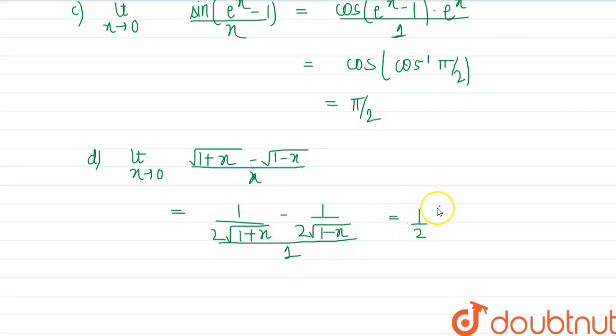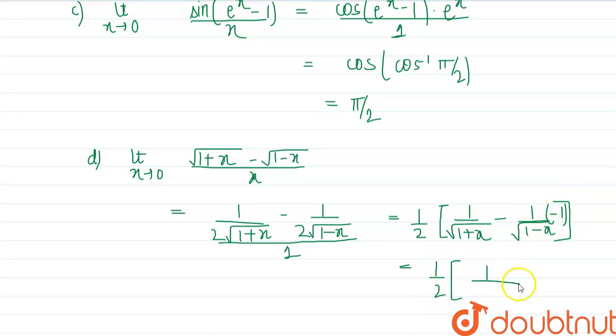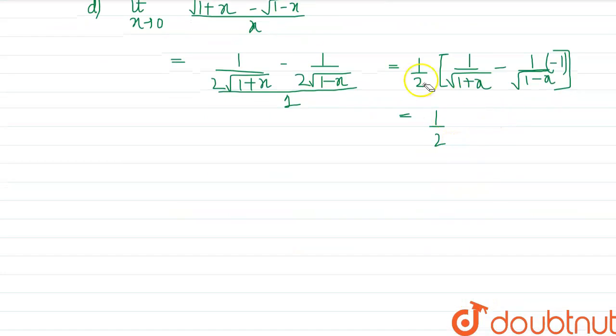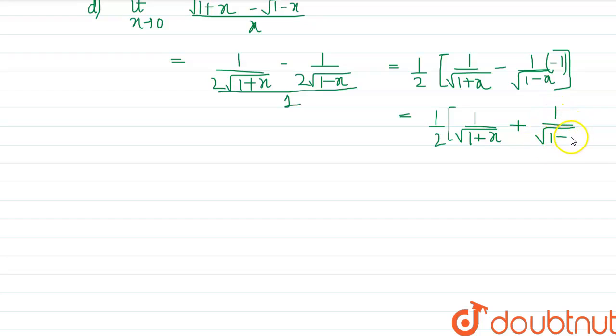So this is 1 by 2 common, 1 by under root (1 plus x) plus 1 by under root (1 minus x), which is equal to, placing the limit 0, 1 by 1 plus 1 by 1, that is 1 by 2 plus 1 by 2, which is equal to 1. So the value of the limit is 1 over here.